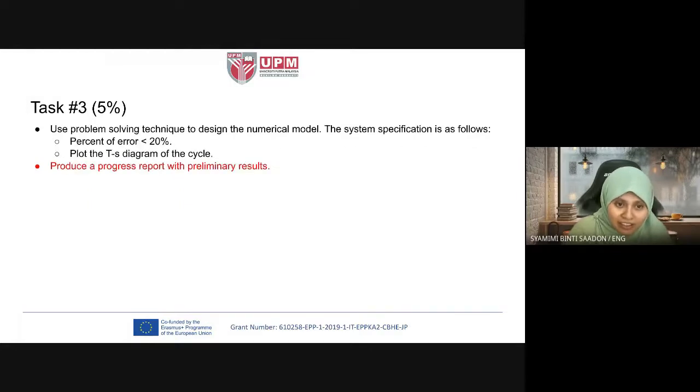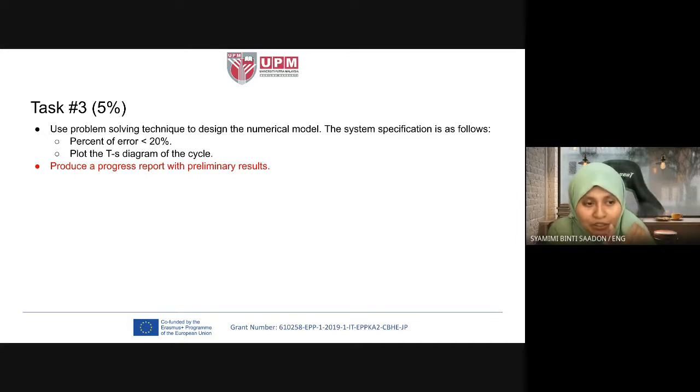Okay, and then task number 3. Still concerning the numerical model we have created. You have to compare the results that you get from your MATLAB or from the Python. You get the results, right?